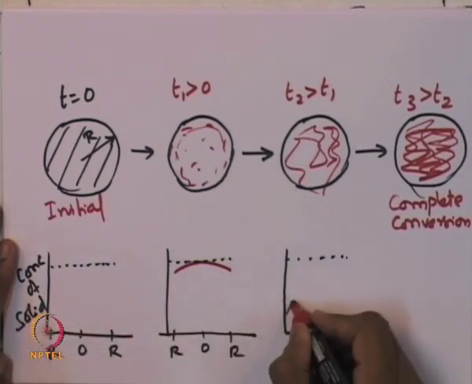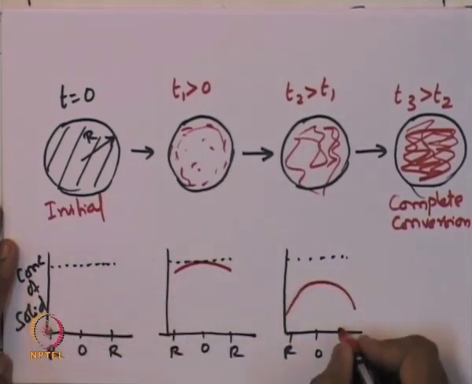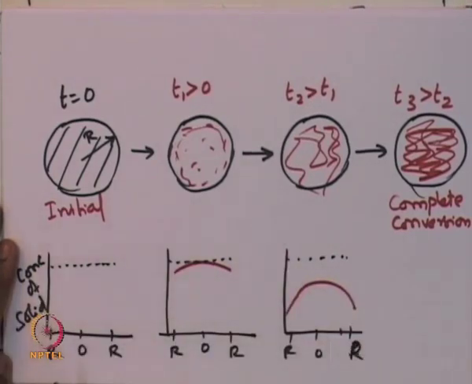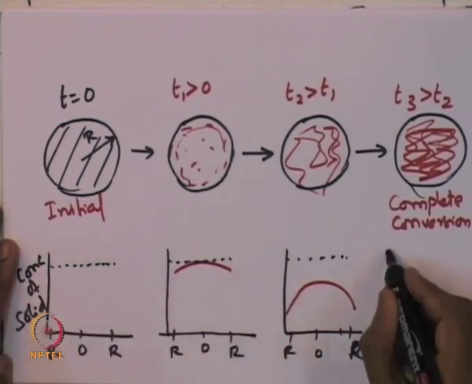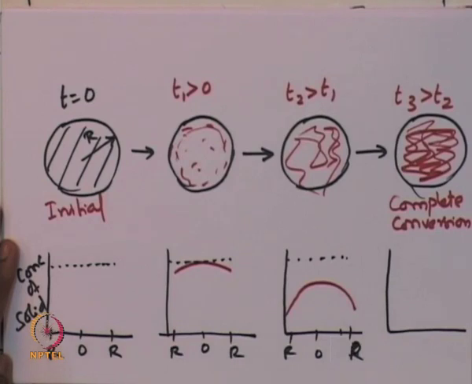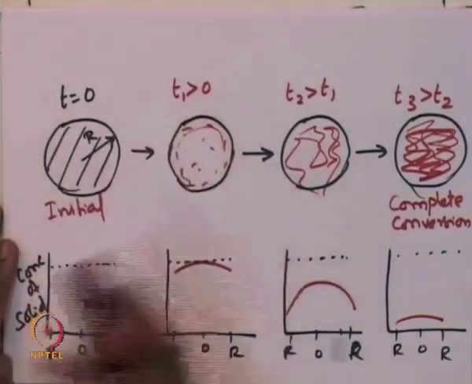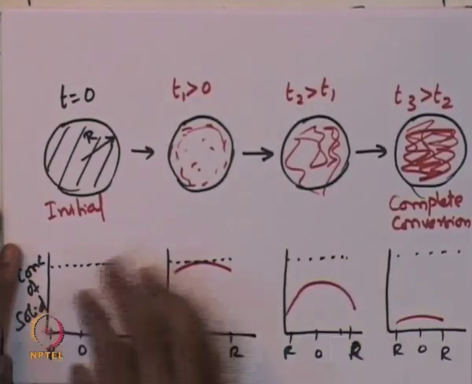So, the kind of profile that one would expect is something like this, where this is the end of the particle, basically R. And at a much later time, when the conversion is expected to be complete, if this is the initial solid concentration and this is R, then the concentration of the solid inside the solid core will be almost 0. So, clearly you can see that there is a progressive decrease in the concentration of the solid all through the solid core. This is an important assumption that is made by the progressive conversion model.